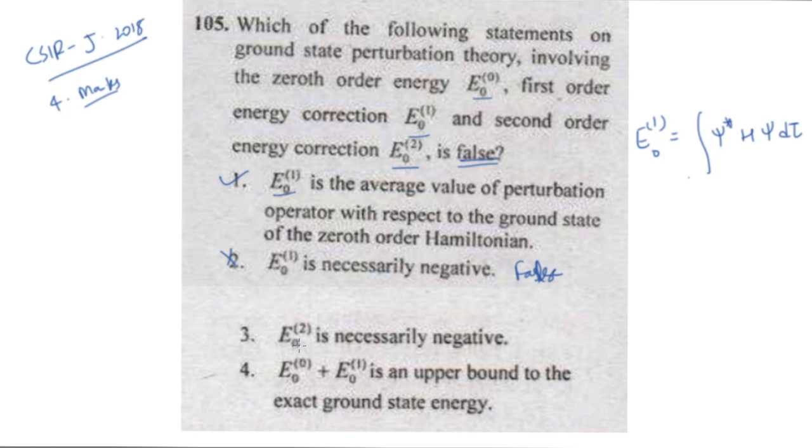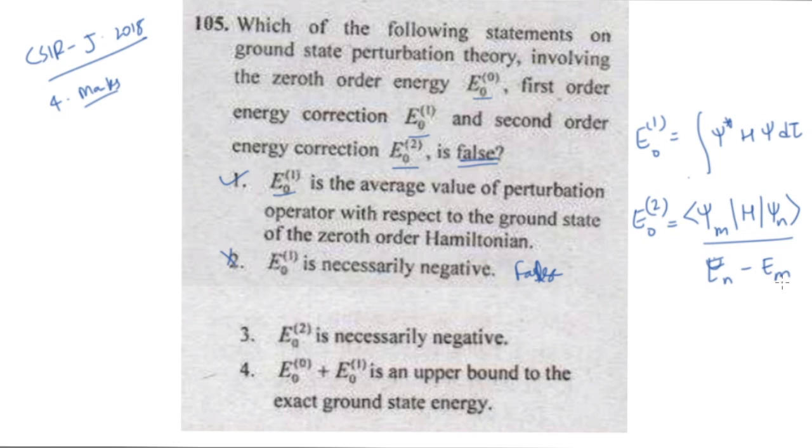The third one says that the second order energy is necessarily negative. That is true. Why? Because for the second order energy correction, we write it like this: we have psi m, then H psi n, squared, and in the denominator you have En minus Em.